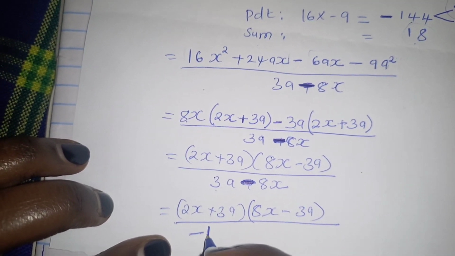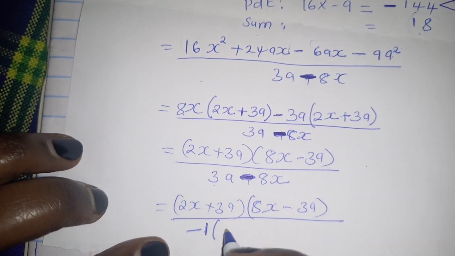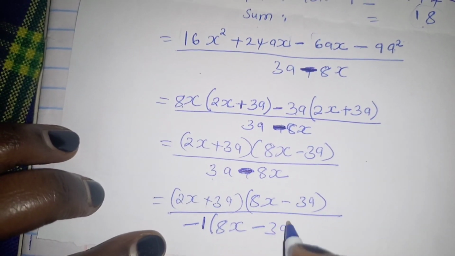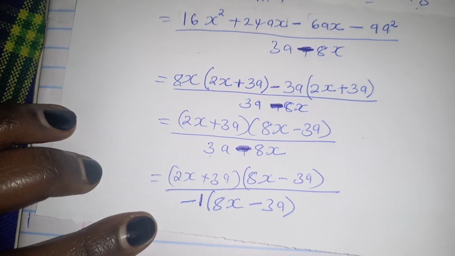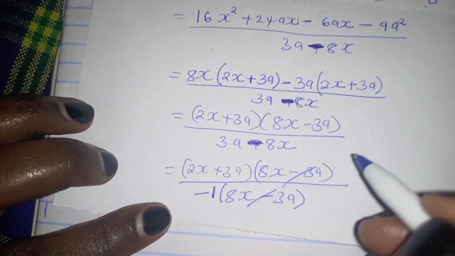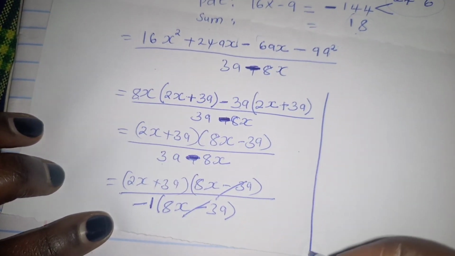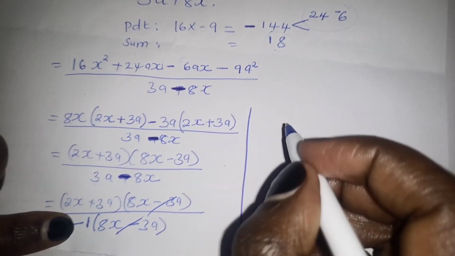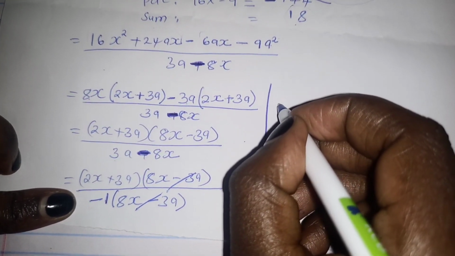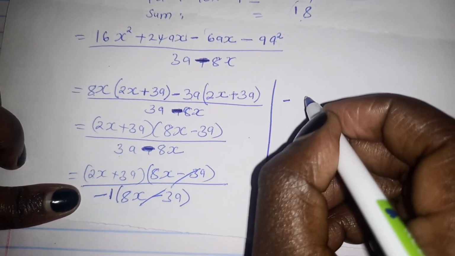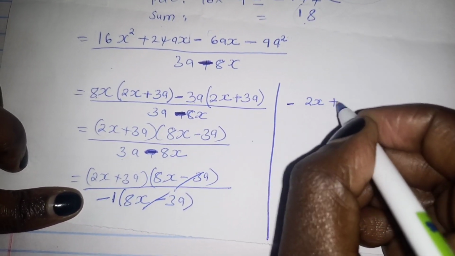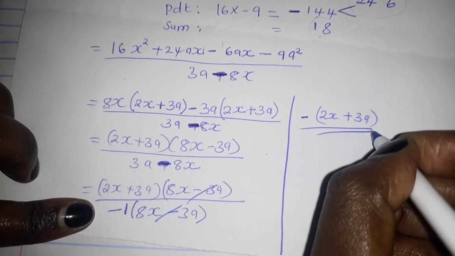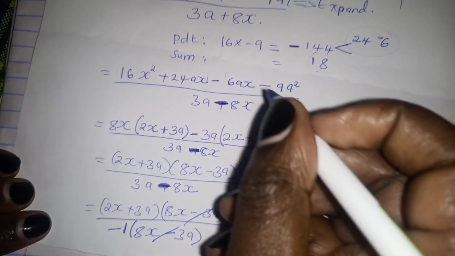We factor out negative 1, so that we have 8x minus 3a, 8x minus 3a, and that cancels with that, so that our answer will be 2x plus 3a divided by negative 1, which is negative (2x plus 3a) as our final answer.